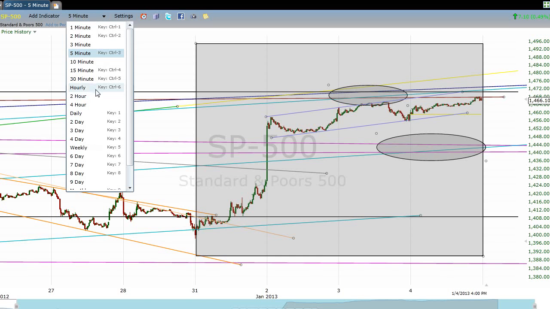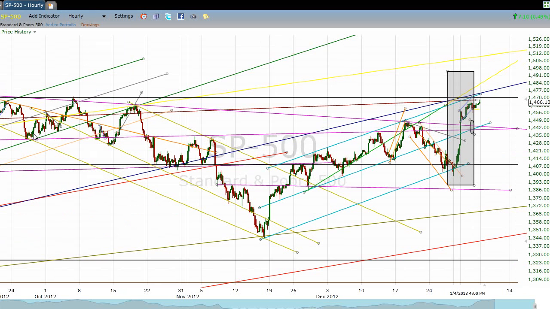I can tell you that if this is the correct neckline, then we really did not have much of a right shoulder at all. This right shoulder would have formed over roughly 40% of the time frame that was the development of the left shoulder.